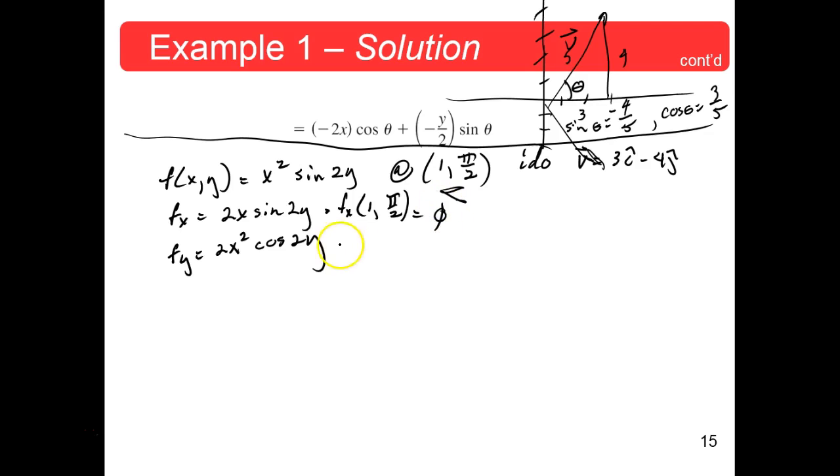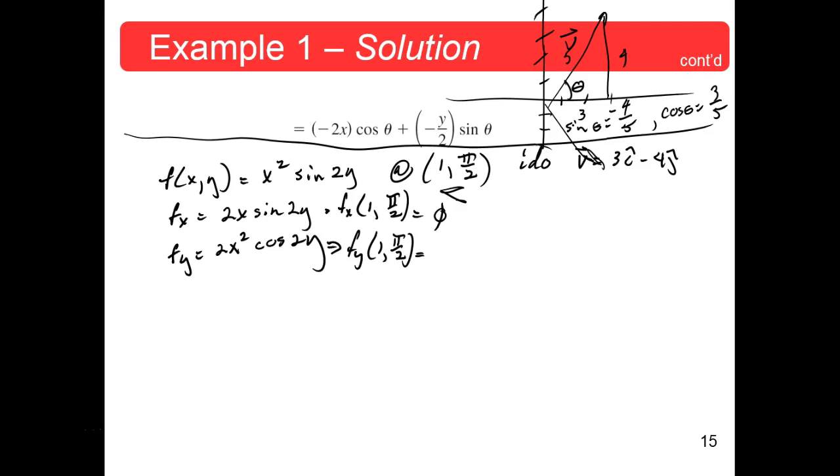Okay. How about f sub y? We have 2 times 1 squared, which is just going to be 2, times cosine of 2 times pi.